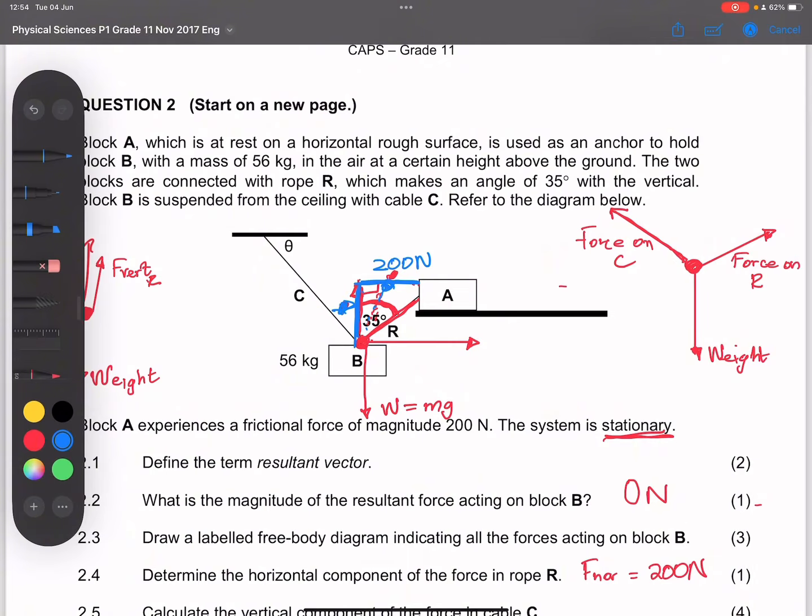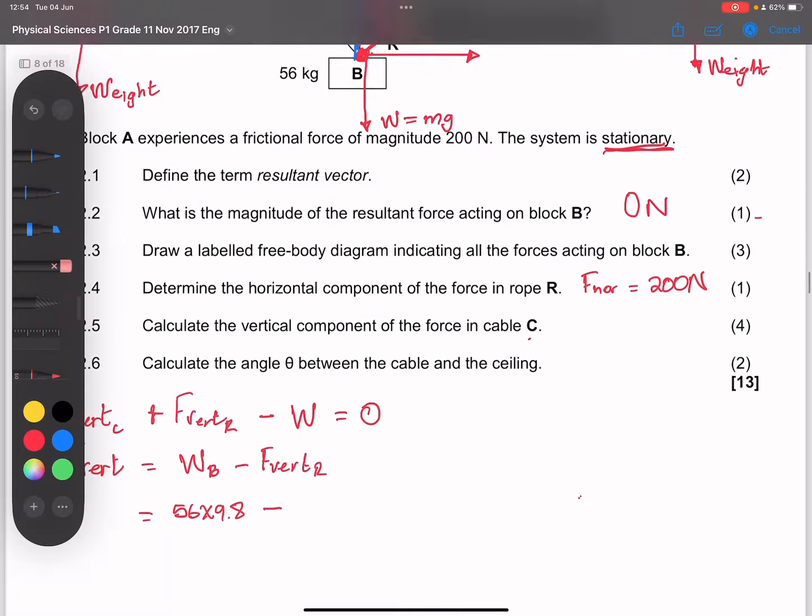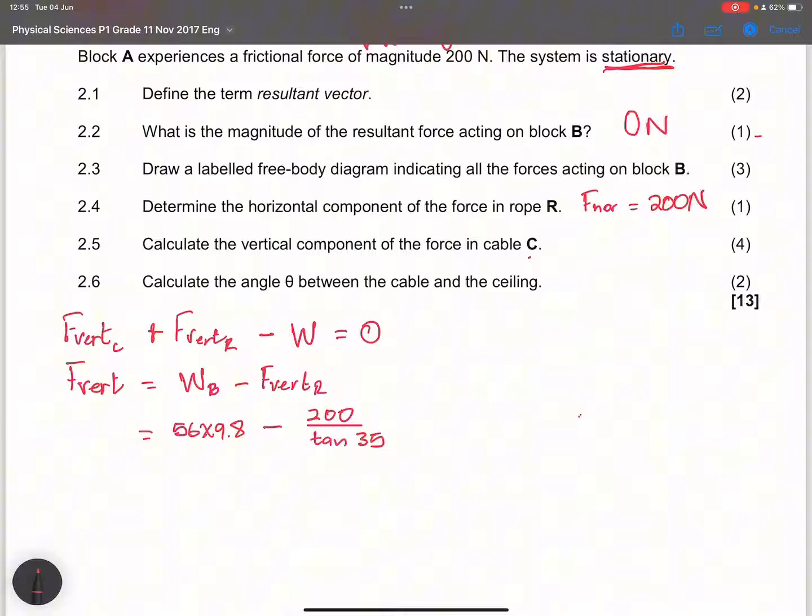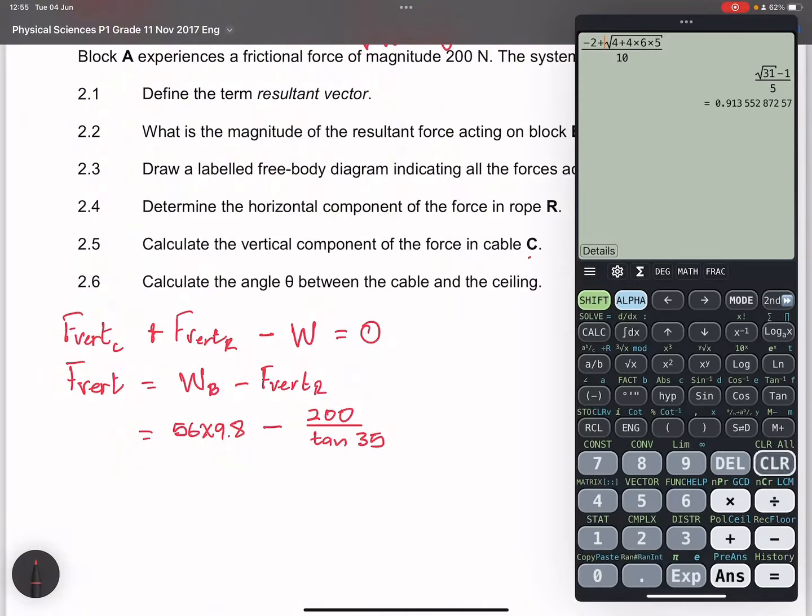And so as a result, that's how we got to that. So F vertical would be 200 divided by the tan of 35. Okay, and let's find out what that is.